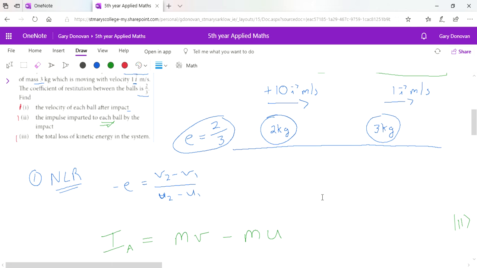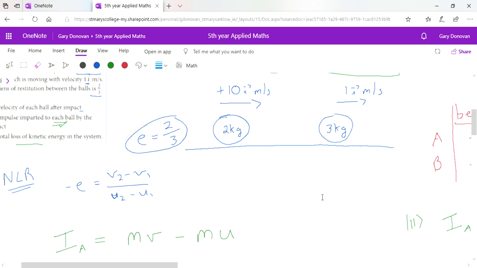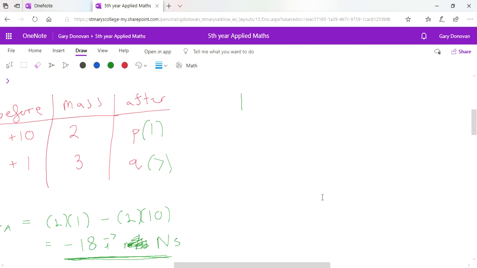Next part is the total loss of kinetic energy in the system. Again, from last lesson, you might remember that kinetic energy is equal to half mv squared. If we want the total kinetic energy loss, it's going to be the total kinetic energy before minus the kinetic energy after.